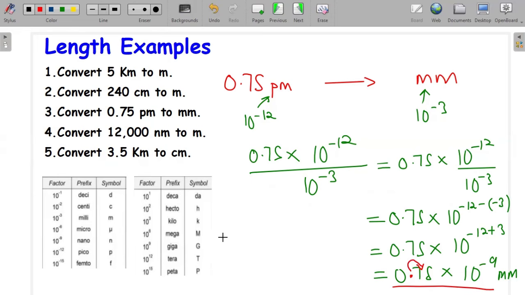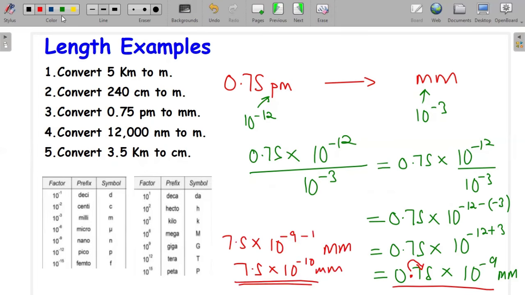So that would be 7.5 times 10, I have a minus 9, and since I've moved one step to the right, I subtract 1 there. These are millimeters, so this will be 7.5 times 10 to the power minus 10 millimeters. That's the standard. We're supposed to always leave our answers in scientific notation.